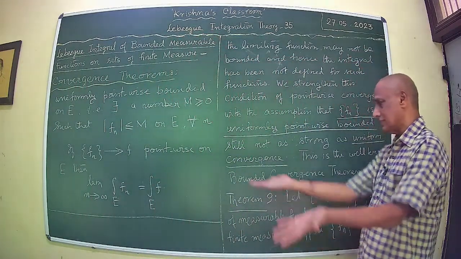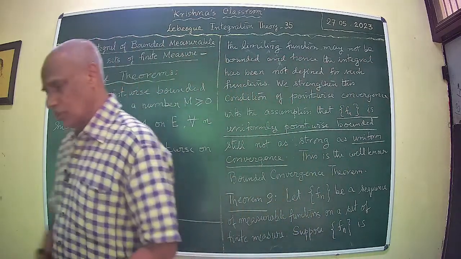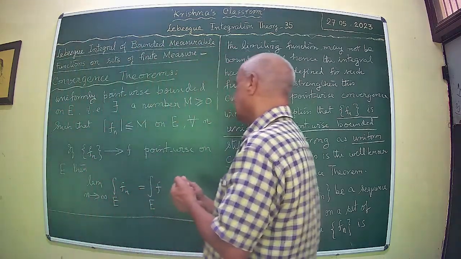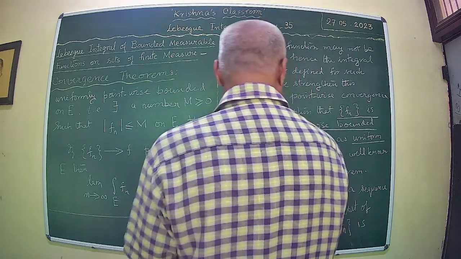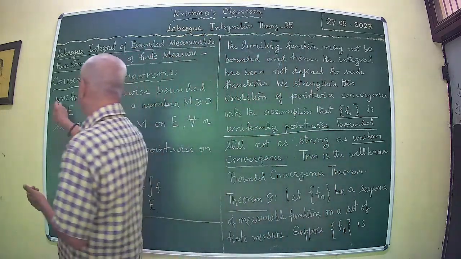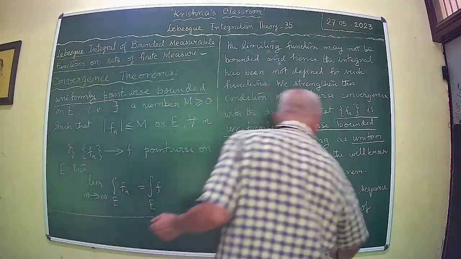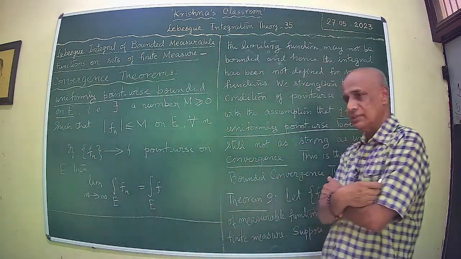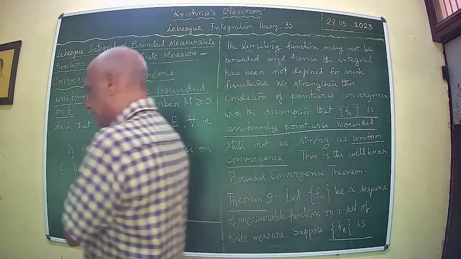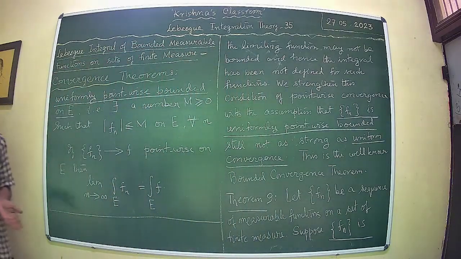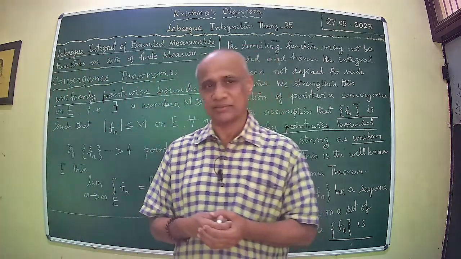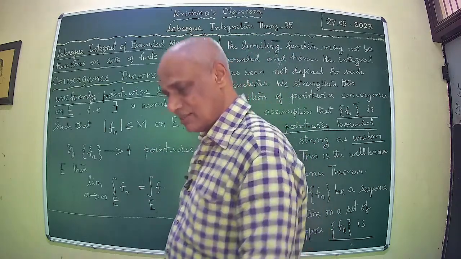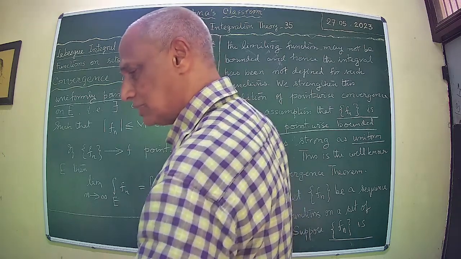And in that case, the theorem fails to hold. Okay. So what we need is an additional assumption: that Fn is uniformly pointwise bounded. With that assumption, once again the result holds. It is not as strong as the uniform convergence that we have assumed. If we assume uniform convergence, all this is assured. Okay. Therefore, we will just prove this theorem now.